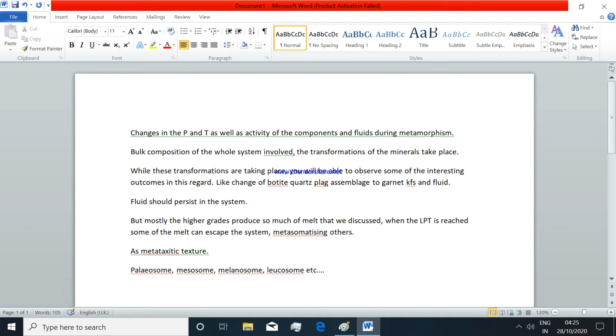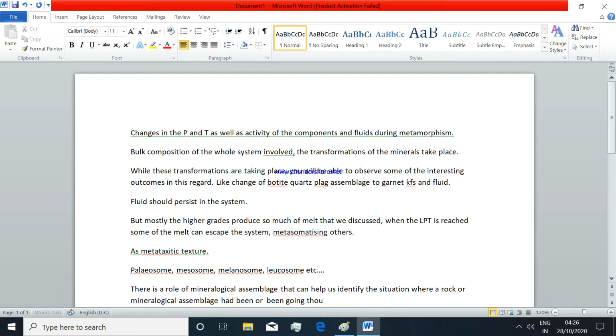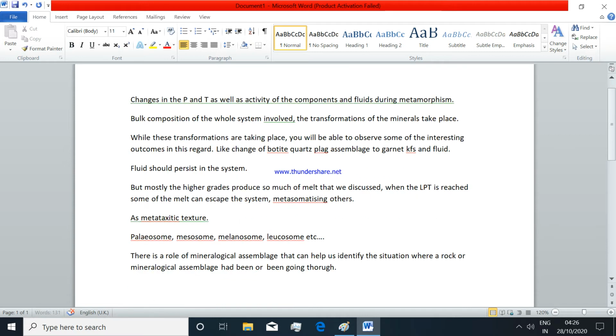Now obviously we can see that there is a role of mineralogical assemblage that can help us identify the situation that a rock or mineralogical assemblage had been going through.